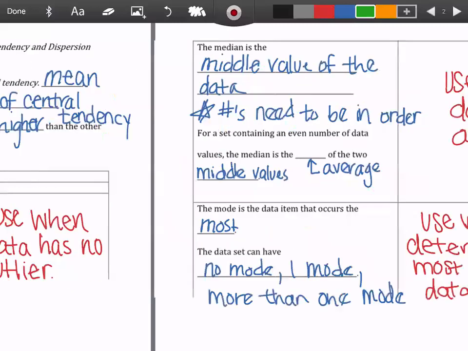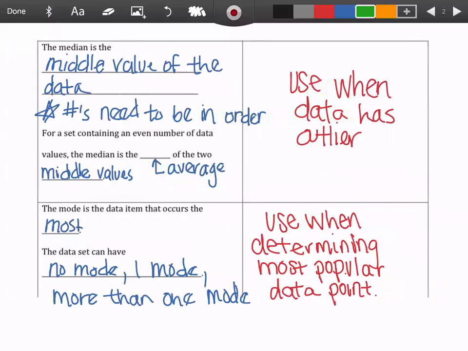We have the median as well, and the median is the middle value of all the data, but before you decide what the middle value is, the numbers need to be in order, whether that's increasing order or decreasing order. For a set containing an even number of data values, the median is the average of the two middle values.